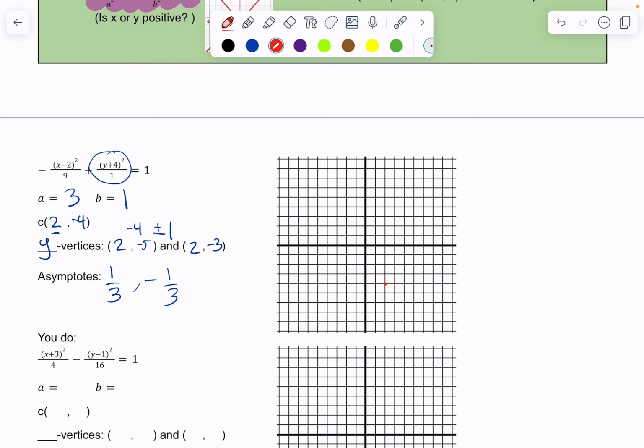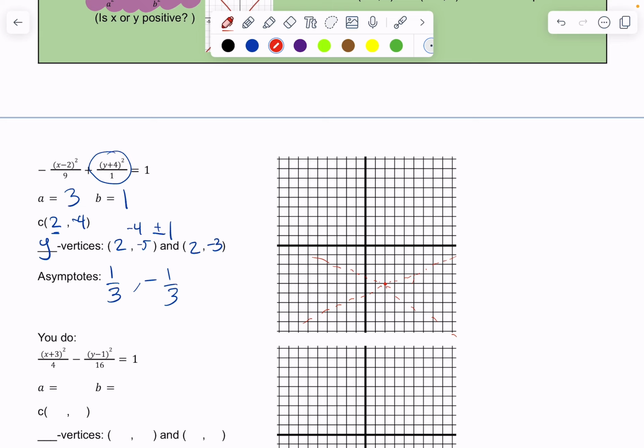My asymptote is going to be a 1/3, so not quite perfectly diagonal, but kind of wide. It's going to be a flattened line. So over 1 up 3, something like this, something like that.